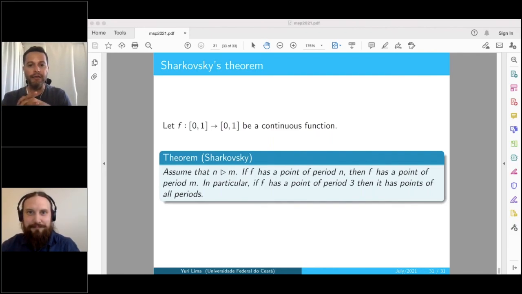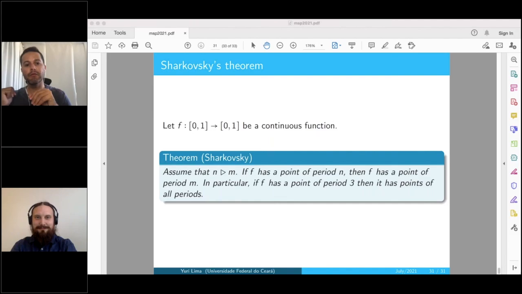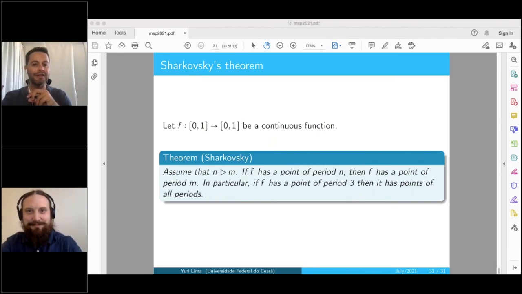A few years later, Li and Yorke proved a result which was only the second part of it: a point of period 3 implies points of all periods. And it became automatically very famous. And after it became very famous, I think that people in the Eastern community said, wait, there is this theorem of Sharkovsky, which was already proved 7 years ago, which tells much more about the periodic points than this recent one. So people rediscovered Sharkovsky.